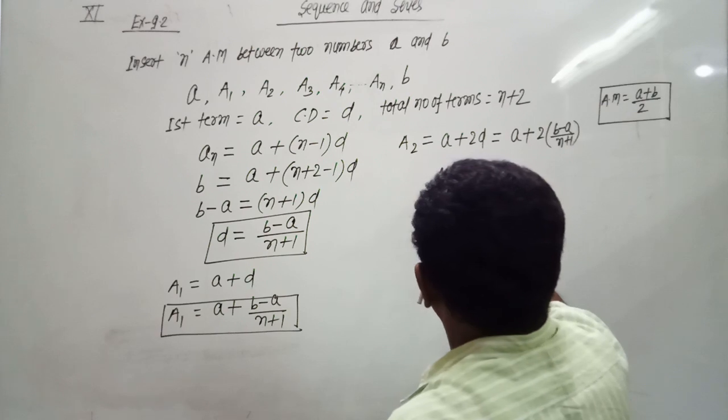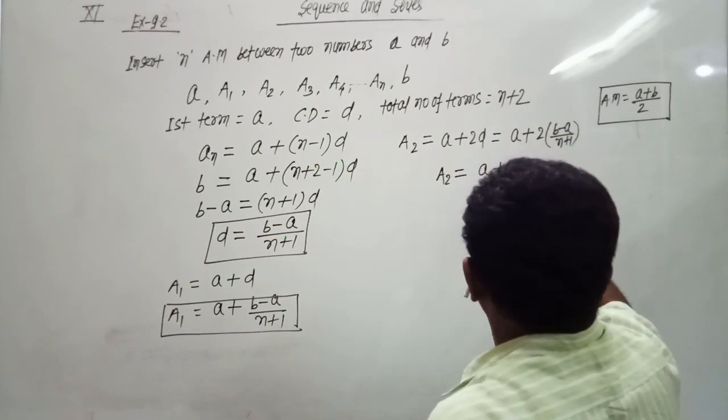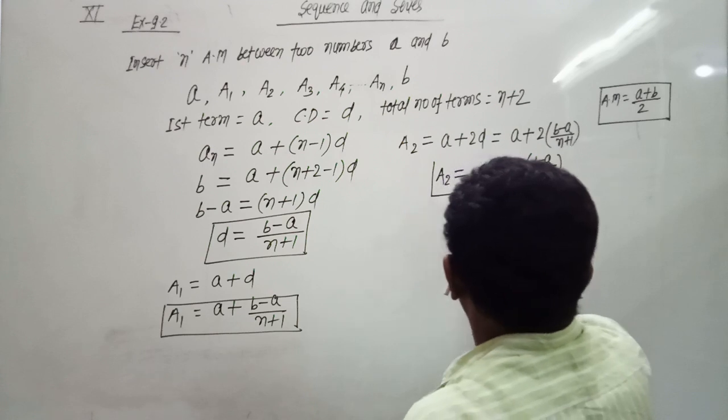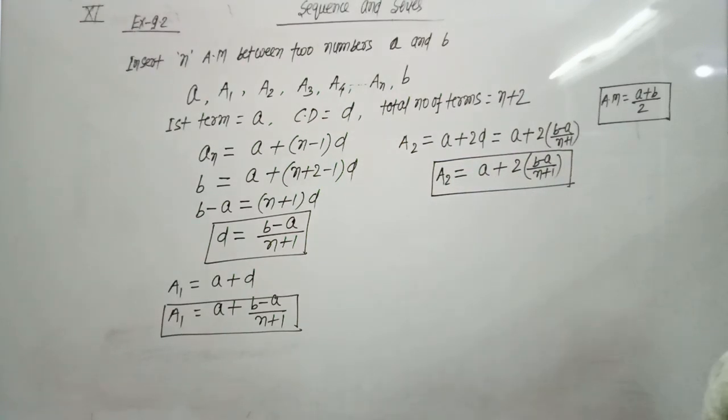So for the second arithmetic mean, we use the formula A plus 2 into (B minus A) upon (n plus 1). This is the formula for finding the second arithmetic mean, A2.